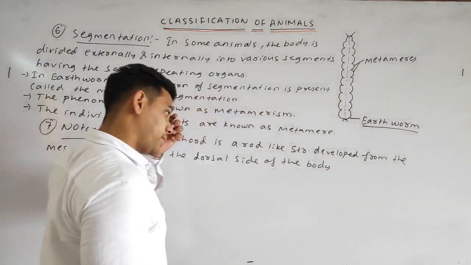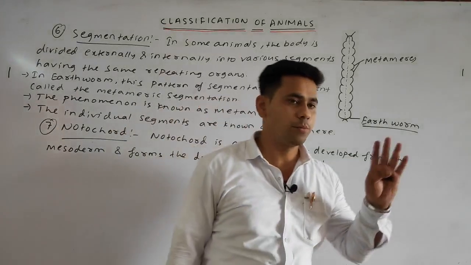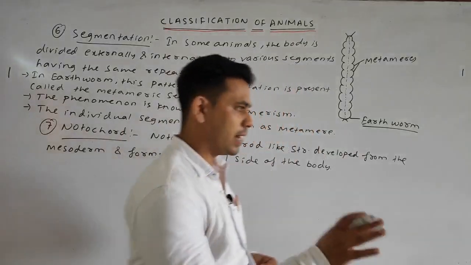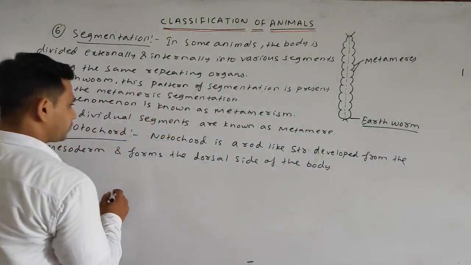Okay. Example, we can write from the porifera to echinoderms, not platyhelminthes, up to echinoderms.